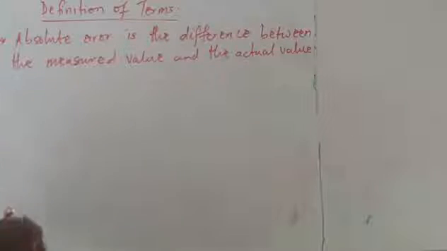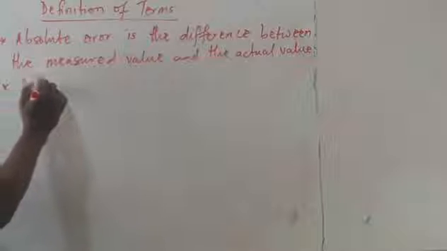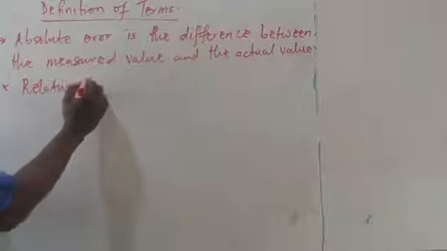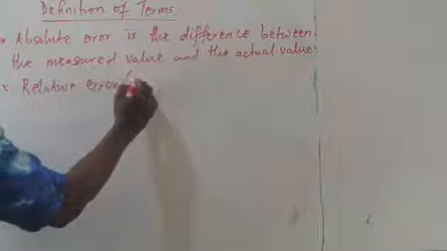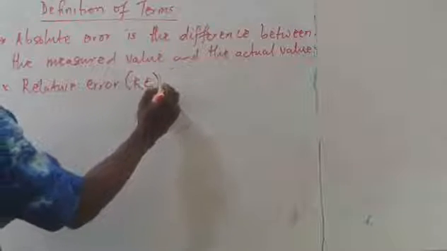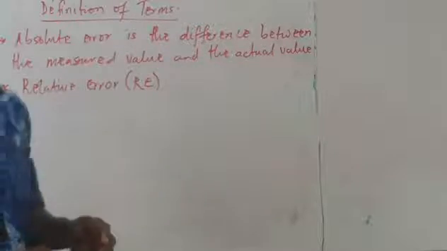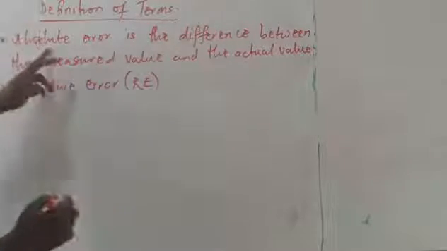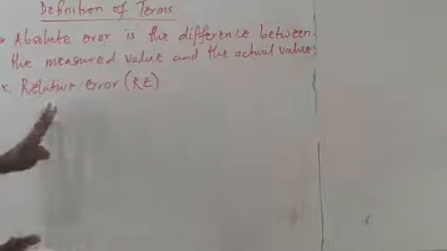Then the second one is relative error, which is RE. We can get this relative error by dividing the absolute error by the actual value. That is the simple definition for relative error.